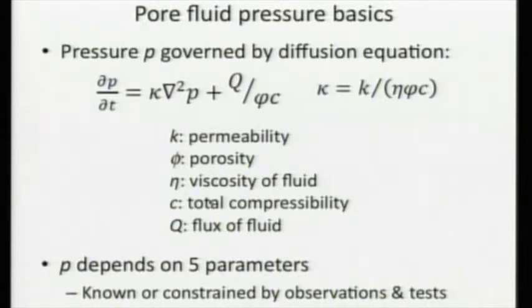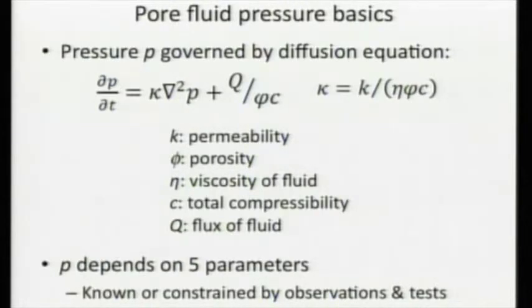Some of these we know quite well. We have very good records of what the fluxes are. We know what the viscosity of the fluid is. We can estimate well the compressibility of the formation and the fluid. But we don't have very good handles on the permeability or the porosity, because these can vary over reasonable time and distance scales, and so we can't interrogate those directly.